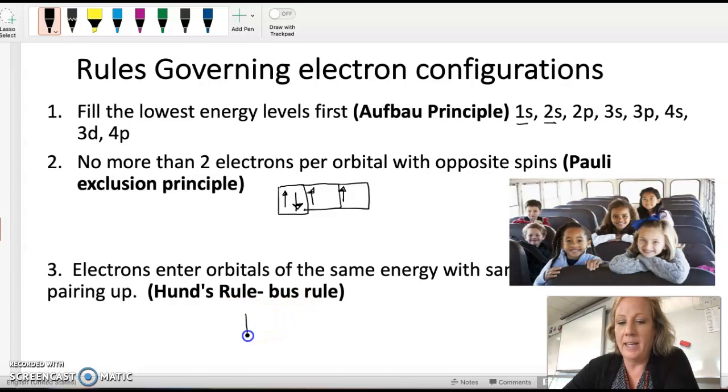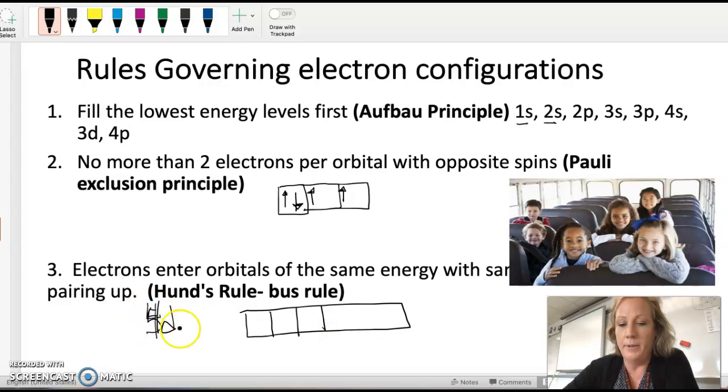So let's say I'm talking about a 5d set of orbitals. Actually, let's make this 4d. So we're in the 4th level away from the nucleus, and we are in a d sublevel. It's a more fancy shape, so I can't just describe it with one word.